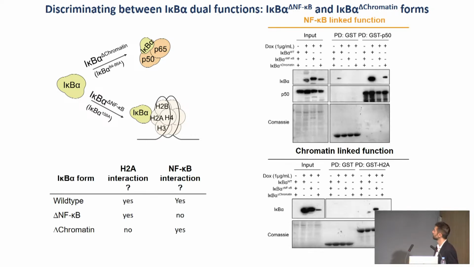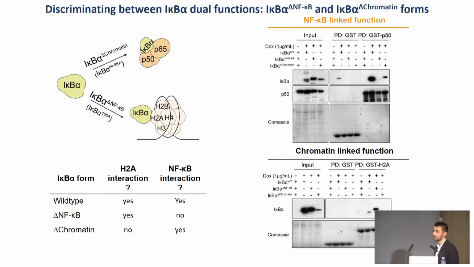So you can see here, whereas in a wild-type situation IKBKB alpha can interact with the P50 subunit of NF-κB and also can interact with the histones through histone H2A, in the case of IKBKB alpha delta NF-κB, it did not have the ability to interact with NF-κB, but the ability to interact with the histones remained. And on the other hand, IKBKB alpha delta chromatin was not able to interact with the histones, but it was able to interact with P50, so with NF-κB.